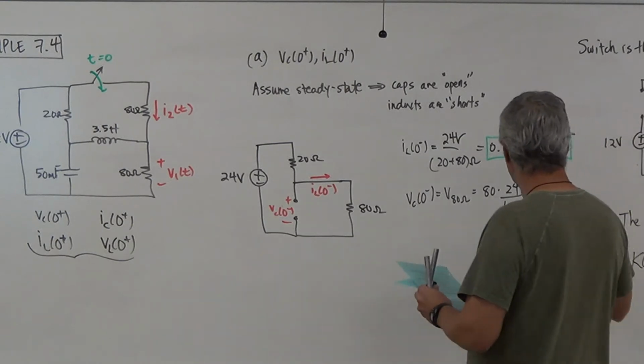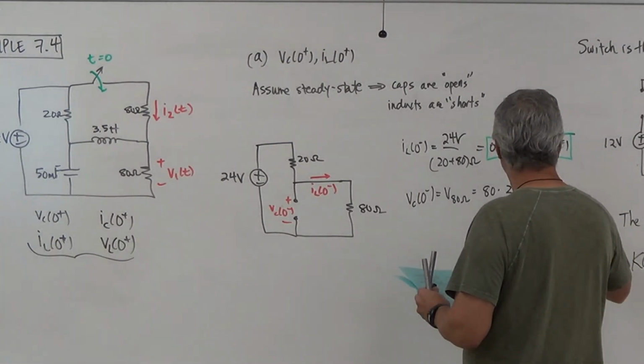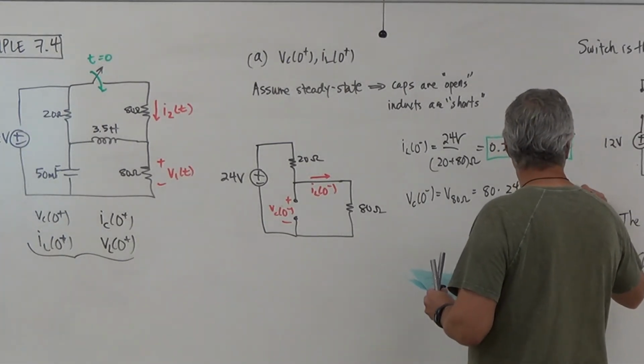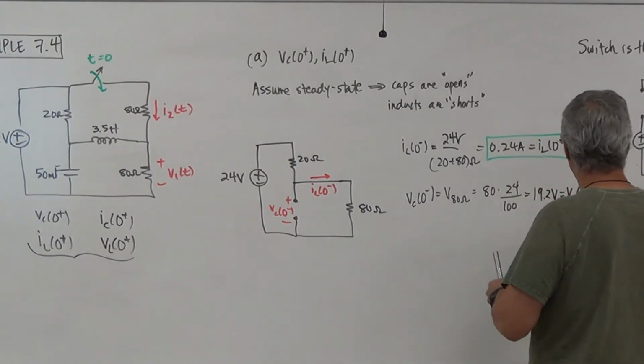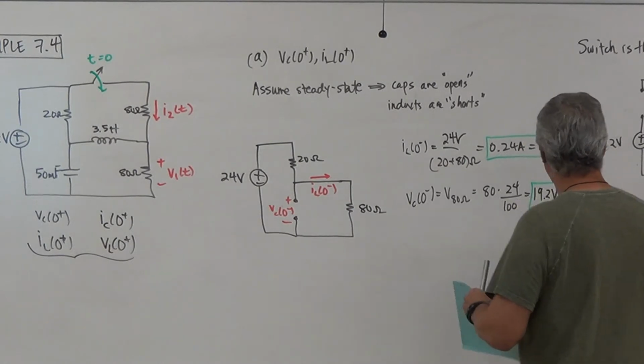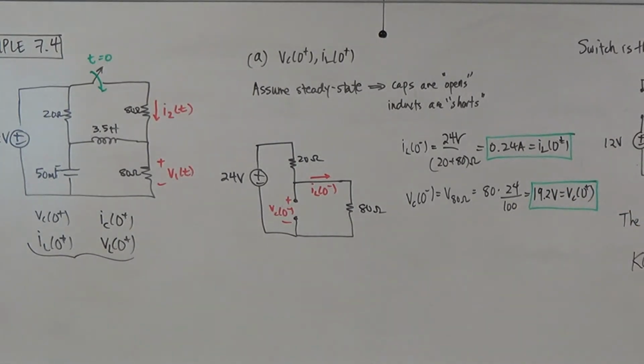I get 19.2. Again, I don't care about 0 minus, I care about 0 plus. So far, so good.